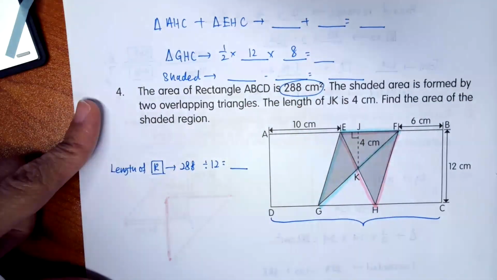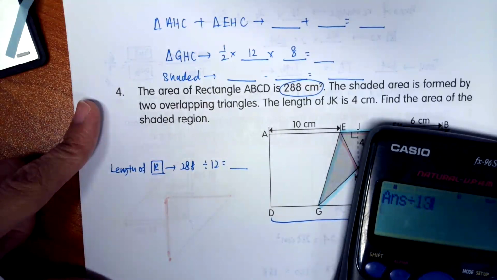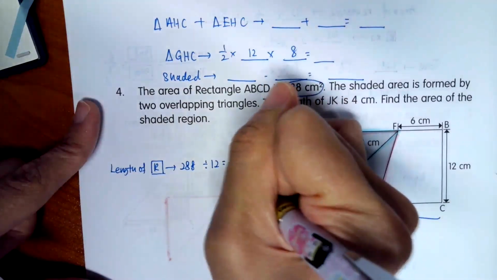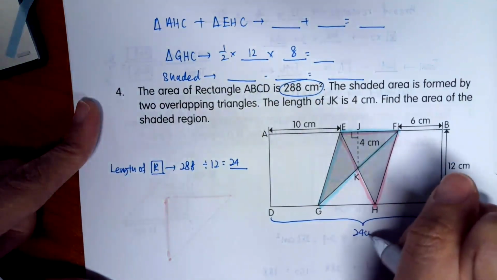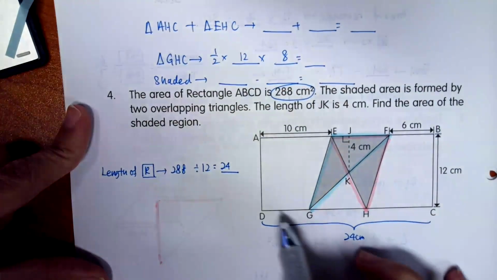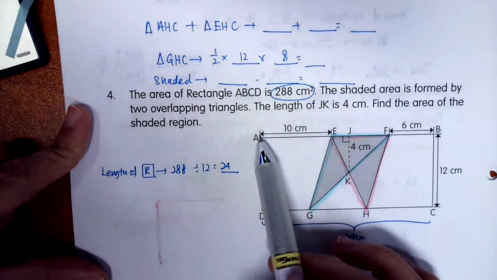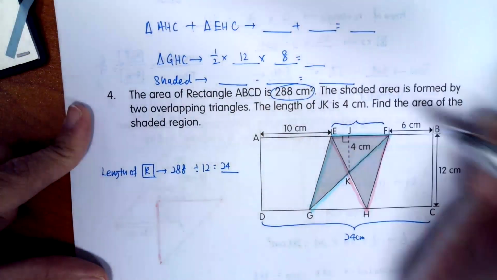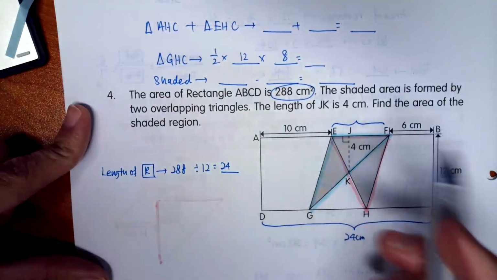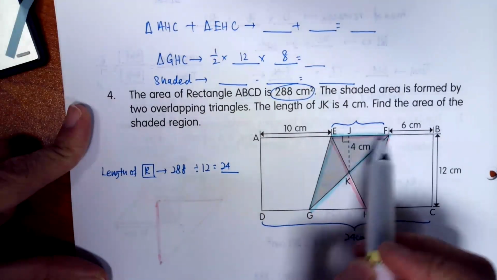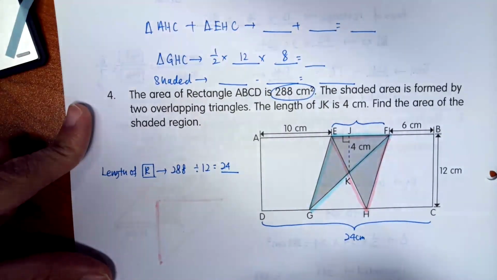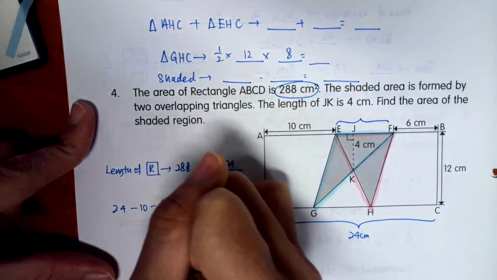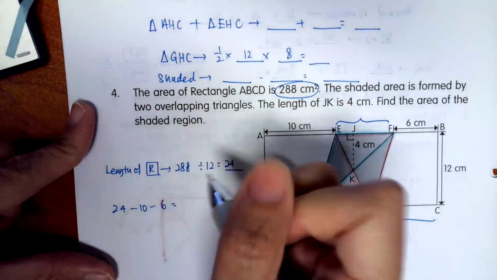All right, so 288 divided by 12 will be 24 cm. So this is 24 cm here. Now this whole thing is 24 cm, and I know this is 10, this is 6. I would now be able to know what is EF. It's very important to know what is EF because this is the base for all the three triangles actually. Okay, so 24 minus 10 minus 6. So I'm removing 16 in total. Answer is 8 cm.